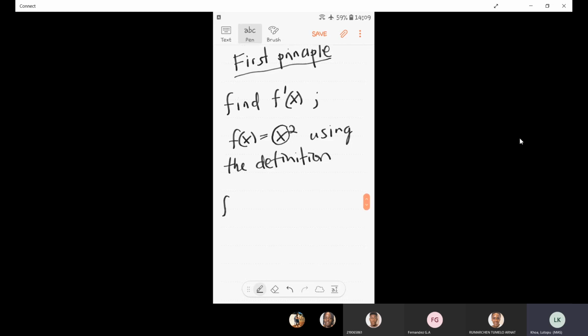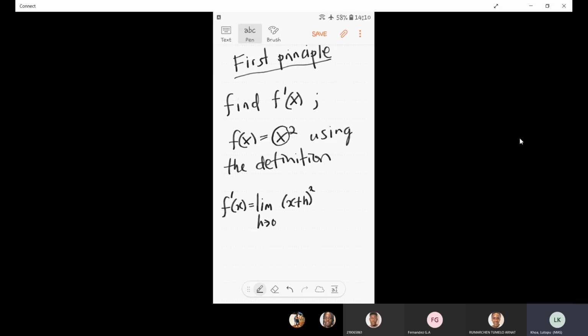So f prime of x is just equal to the limit as h goes to 0, and then I have f of x plus h. Remember last week we were substituting into functions, and I said that when you substitute into a function, it is not just a number that you can substitute.